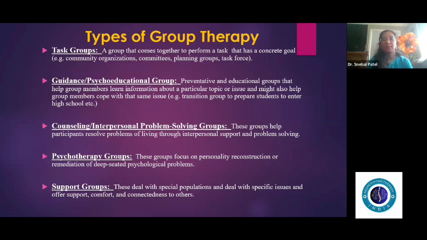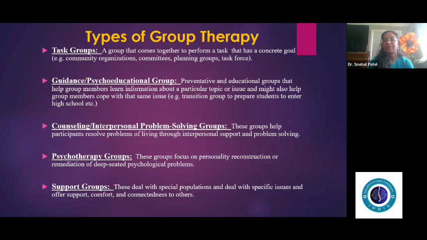Counseling and interpersonal problem solving groups help the participants resolve the problems of living through interpersonal support and problem solving. Psychotherapy groups are focused on personality reconstruction and remediation of deep-seated psychological problems.